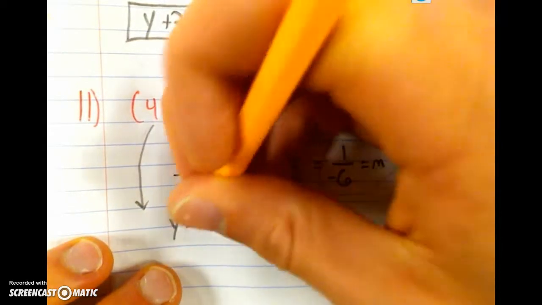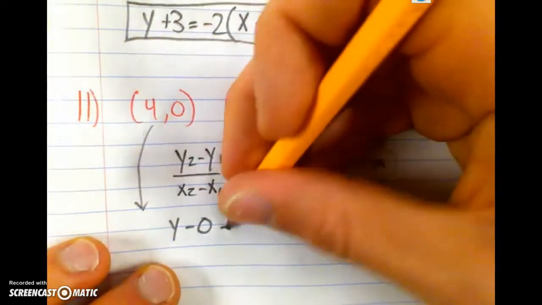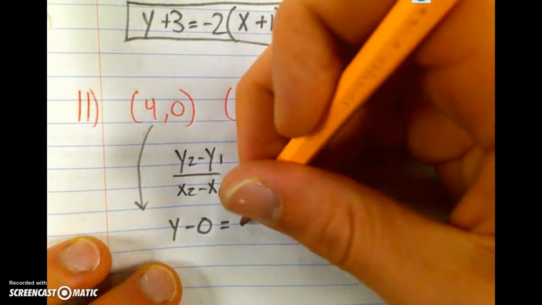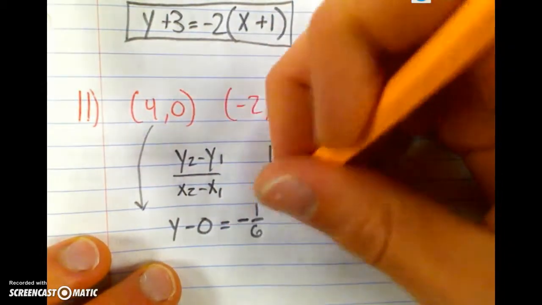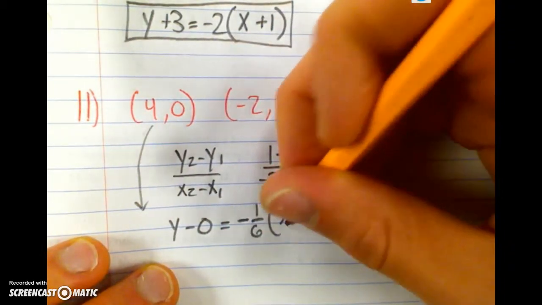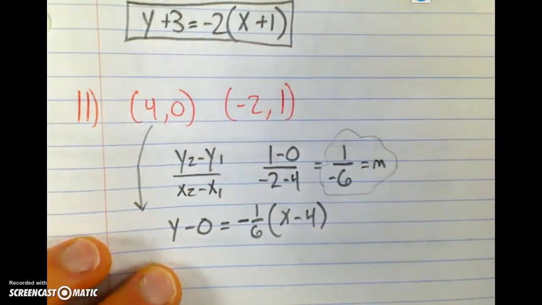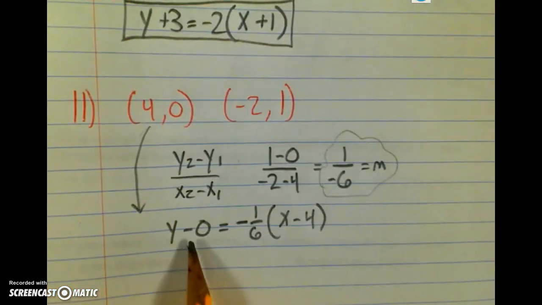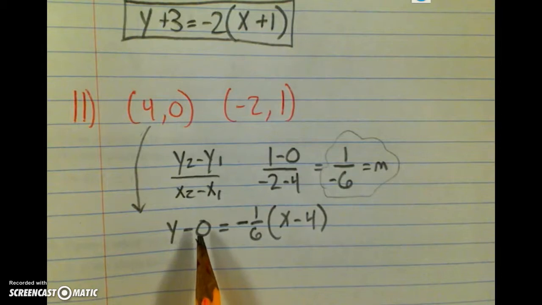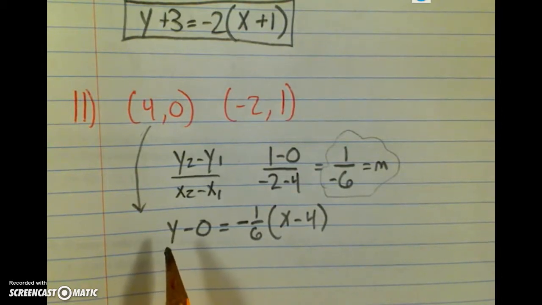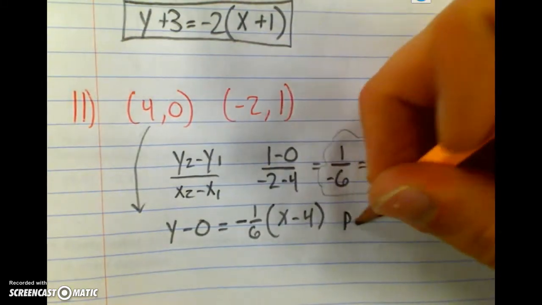I've got y is equal to negative 1 over 6 times x minus 4. Now you would not need to write that y minus 0. But you might not choose this one. Put this into y equals mx plus b form.